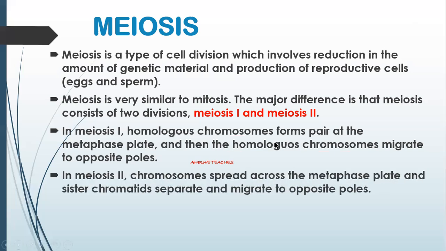Now with meiosis 2, the two chromosomes that are now at opposite poles are still chromosomes, but we are interested in chromatids.